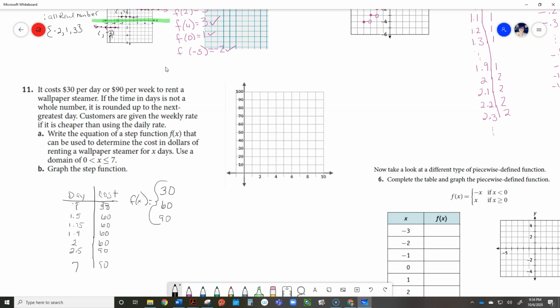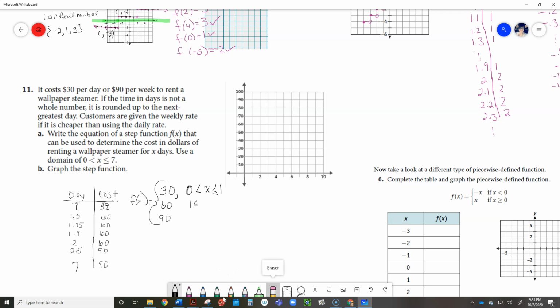And then my restrictions here are going to be get it at 0 days. They did not include 0, so let me take that bar away. I have to have it more than 0 days, but all the way up to 1 day, and that's $30. 1 day costs $30.